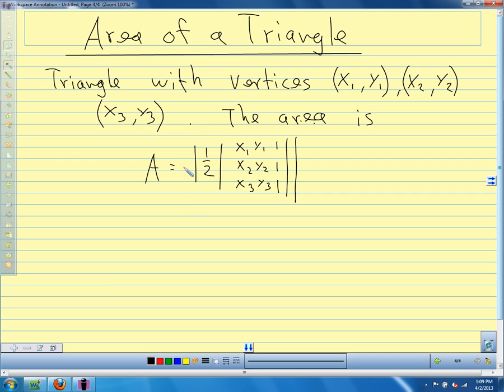And I put the absolute value here because if we get a negative answer, our area always has to be positive. So to find the area of this triangle, I can find this determinant. So I have a 3 by 3 determinant. I can plug it into my calculator, divide that by 2, make sure my answer is positive, and I have the area of the triangle.